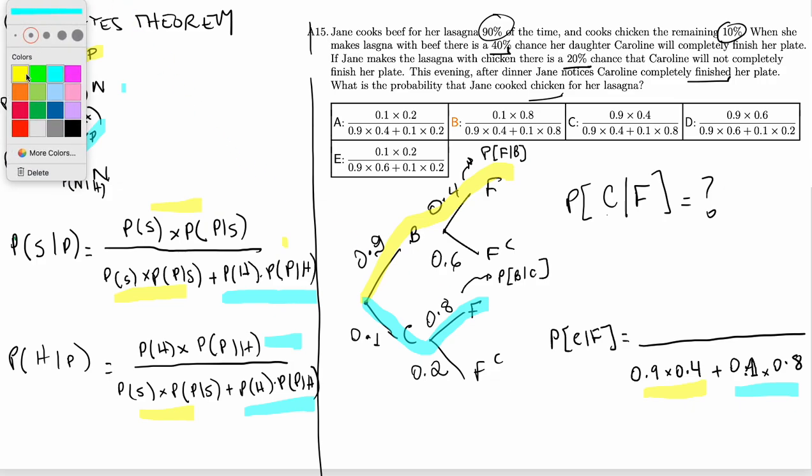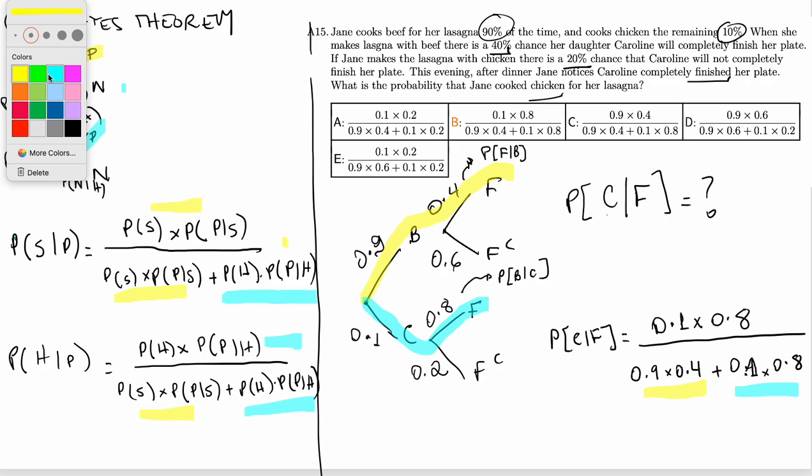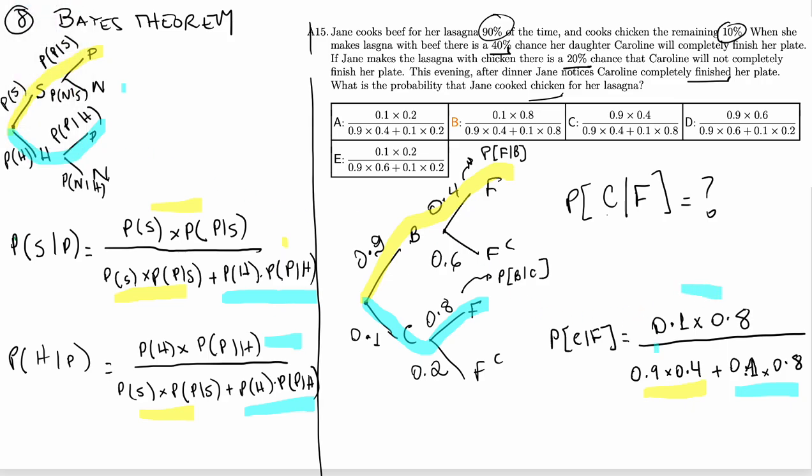But the question is, what's the chance of being through chicken? That's what I'm asking. Well, through chicken is just one path. It's just the blue path that interests me. So it's 0.1 times 0.8. So this is the blue path.